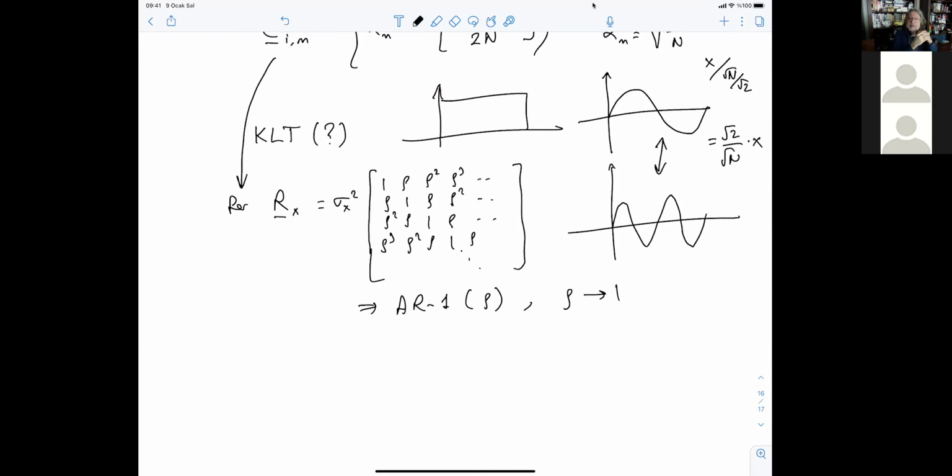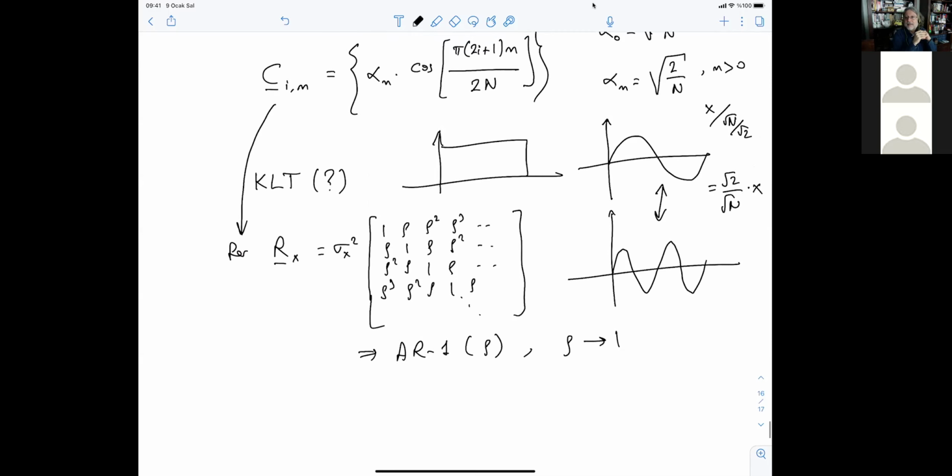The proofs or explanations can be found. It requires a little bit of elaboration. Maybe I can ask it as a take-home exam question to show that as rho approaches 1, the KLT approaches the discrete cosine transform, which is this one.